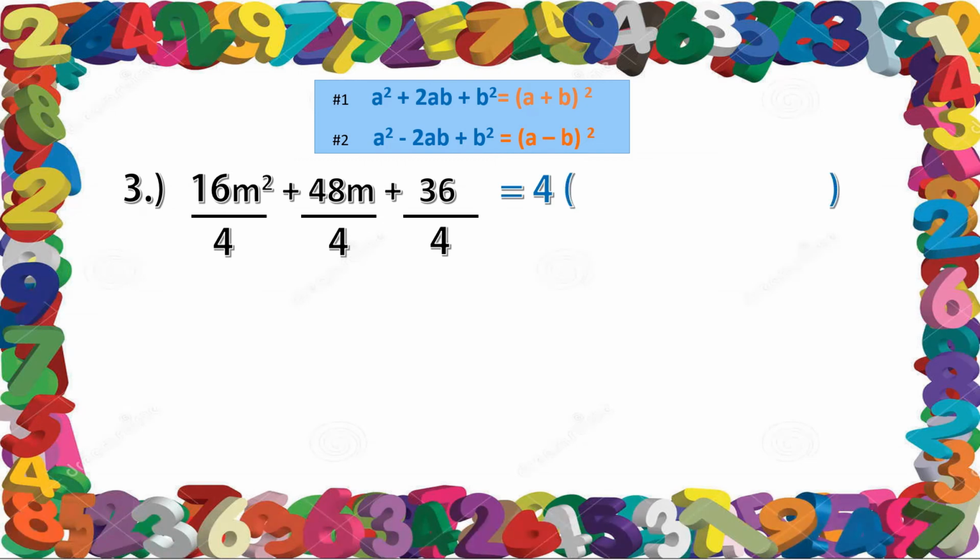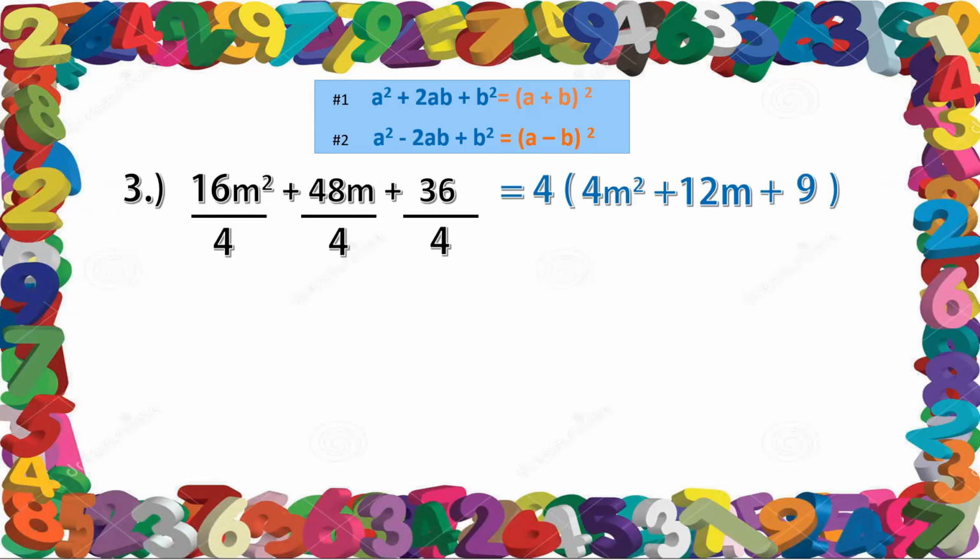Quantity 16m squared divided by 4 is 4m squared. Copy the operation plus. 48m divided by 4 is 12m plus 36 divided by 4 is 9.